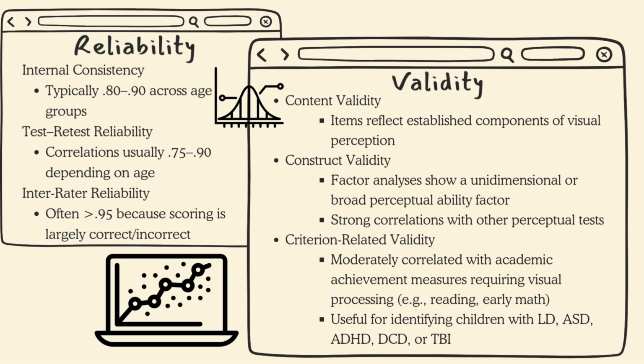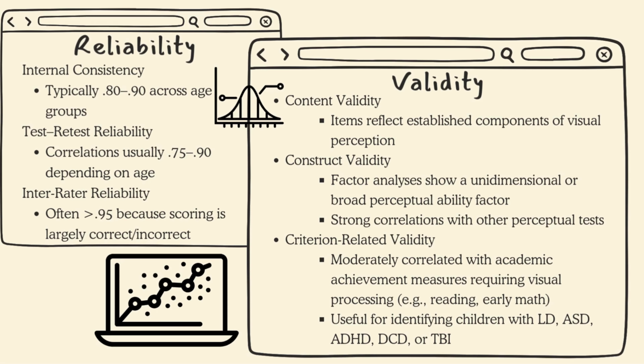All right, so for content validity, the items reflect established components of visual perception. Construct validity is good as well. Factor analyses show a unidimensional measure, a broad perceptual ability factor, which I mentioned in the previous slide.